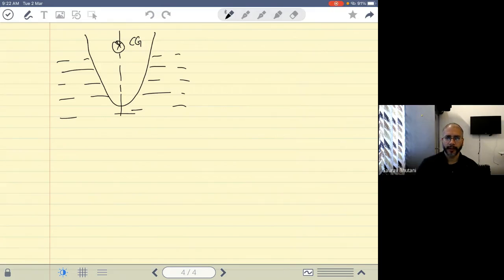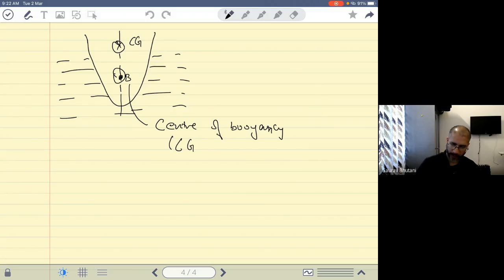And if you take the overall effect of that, then you can assume that the net pressure force, or the net buoyancy force acting on the ship, is concentrated at a point which we call B. And this B is called the center of buoyancy. Okay, so this is nothing but the center of gravity of the liquid that has been displaced by the ship, or center of mass, whatever you want to call it.